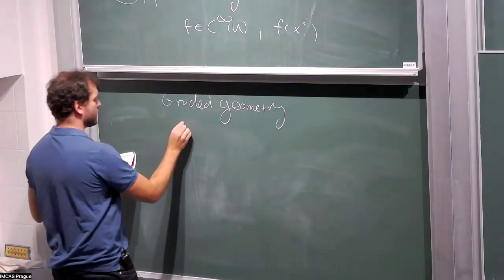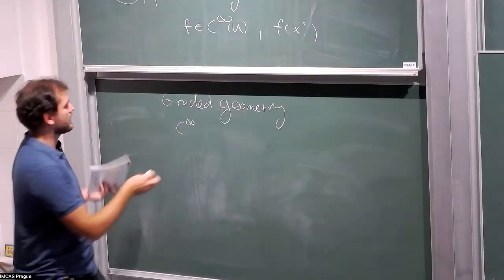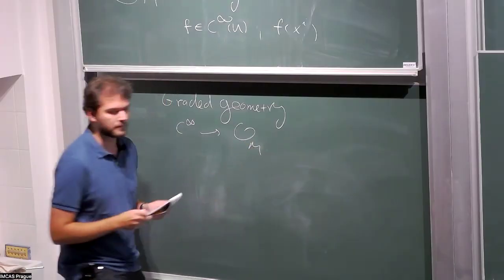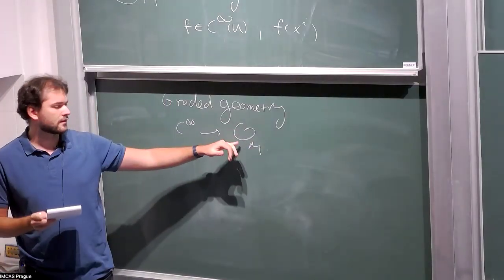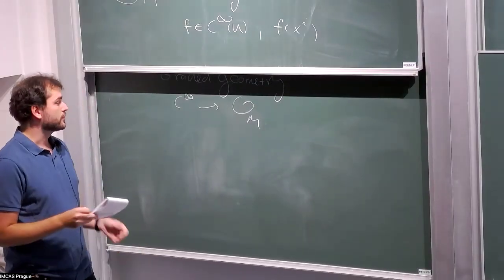So you go from just the sheaf of smooth functions on the topological space to a sheaf of something, and this something differs based on what kind of grading you want to do.